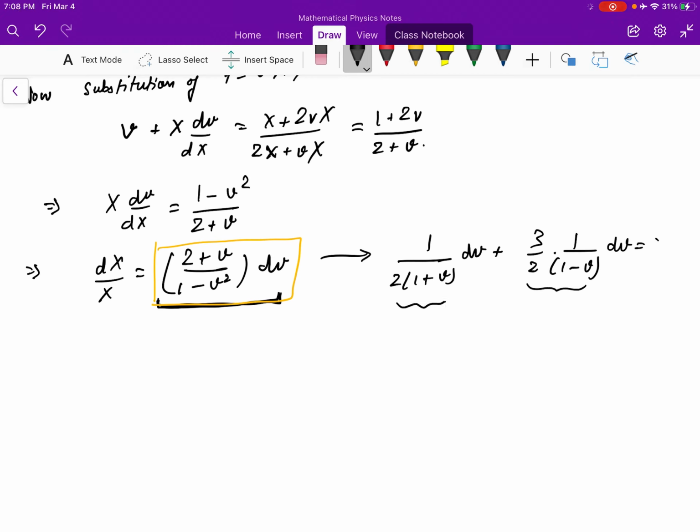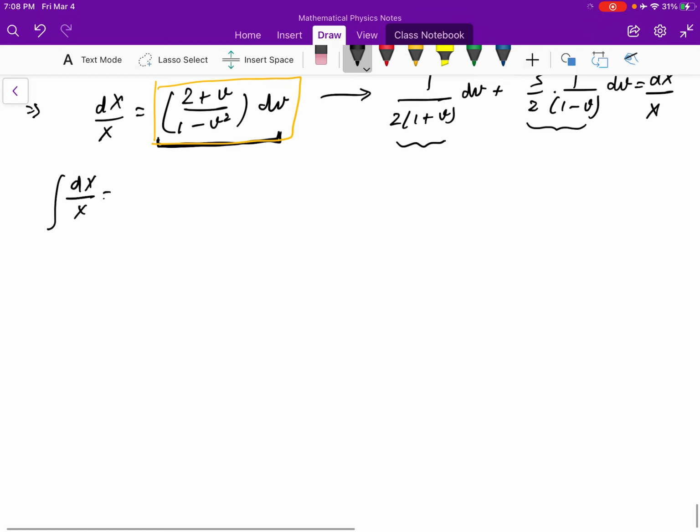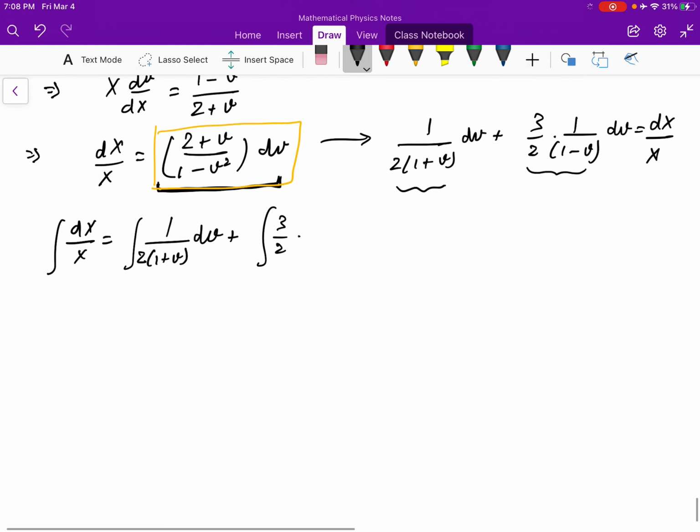So now we can do the integration, and again, this is not a definite integral, it is an indefinite integral. So we will see that a constant appears, but that's okay, so long as we're doing it right. So then we have the integral of 1 upon 2(1 plus V) dV plus the integral of 3 upon 2(1 minus V) dV.